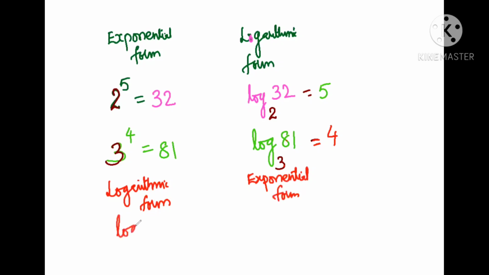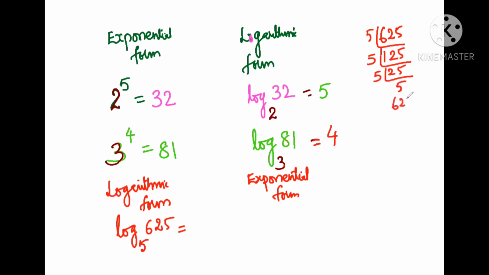Logarithm of 625 base 5 is equal to how much? Do you know? 5 5s are 25. If we don't know, we can factorize: 5 1s are 5, 5 2s are 10, 5 5s are 25, 5 5s are 25, 5 to the power of 4.